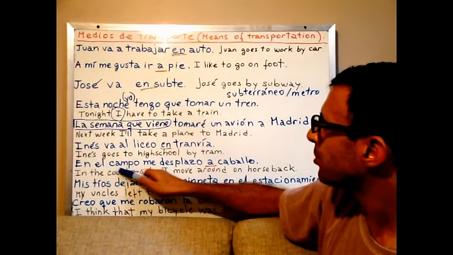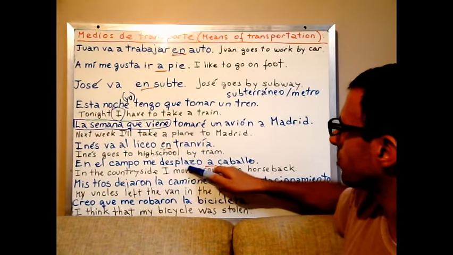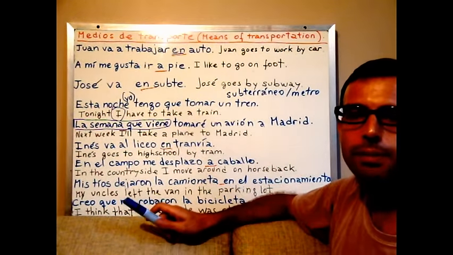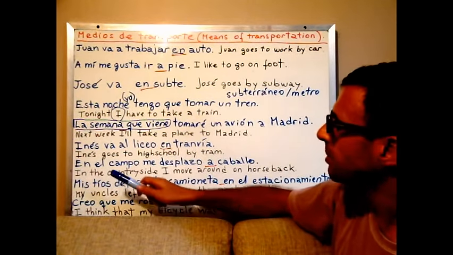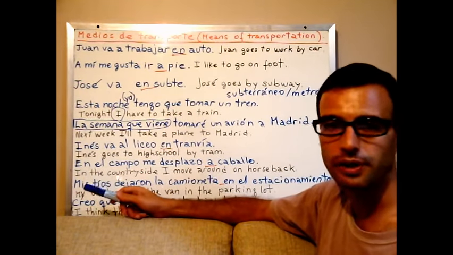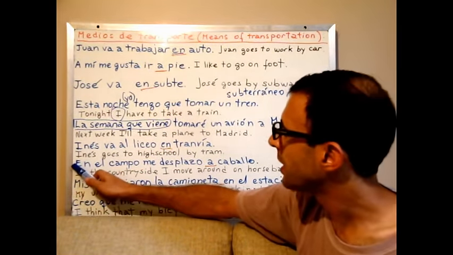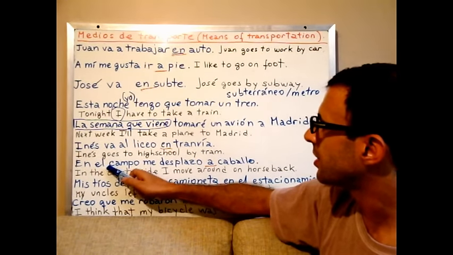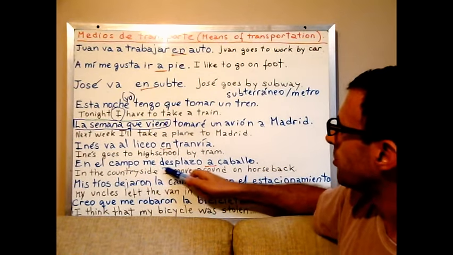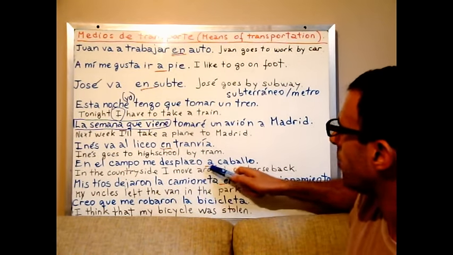En el campo me desplazo a caballo. This means campo is the land or the countryside, okay? So in the countryside I move around by horse.